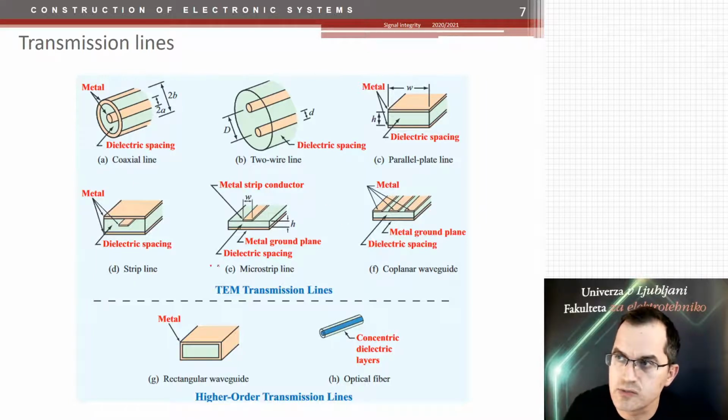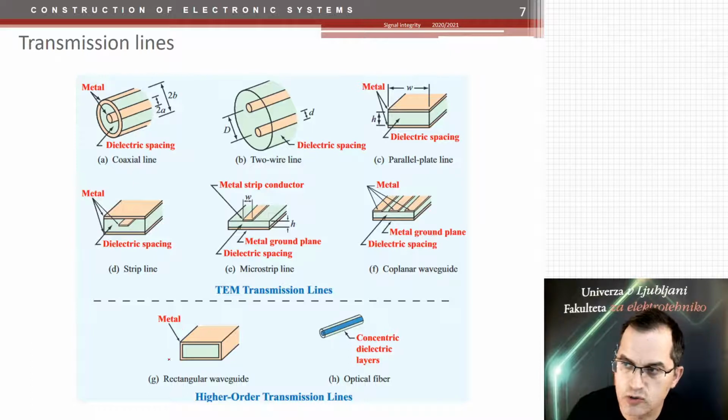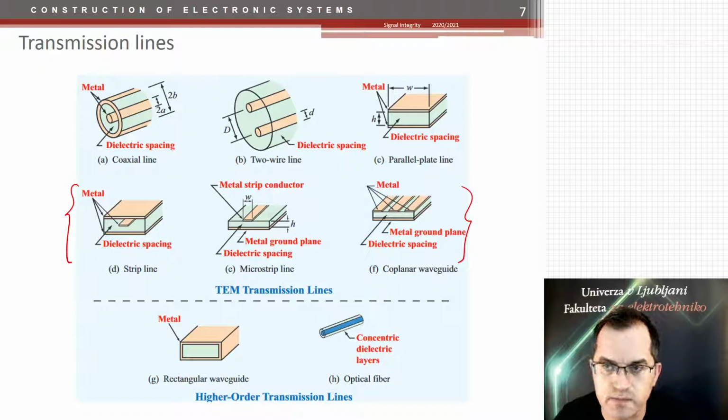All these transmission lines are actually transmitting the transverse electromagnetic field. But there are also others which do not transmit this order of field, but also higher orders. So these are the ones we will be talking about on the PCBs: strip lines, microstrip lines, and coplanar waveguides.